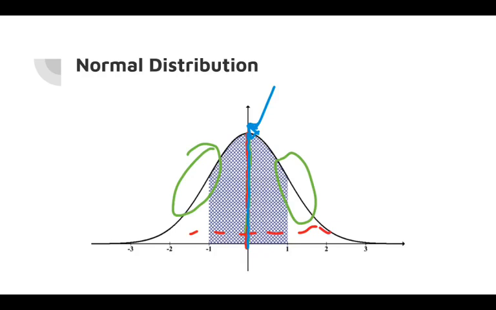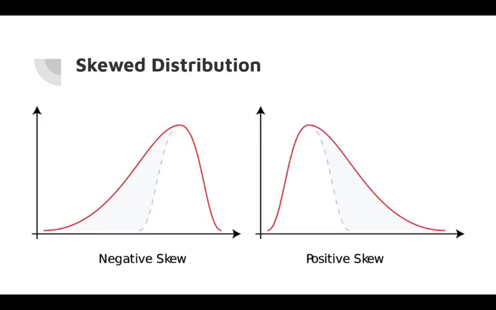Things are a little bit different when you have skewed distributions. So here's our skewed distribution right here. Again, the easiest one to find is the mode. You just look for the peak. There's the mode. Now what we need to figure out is, we've got all this extra data here, this tail.